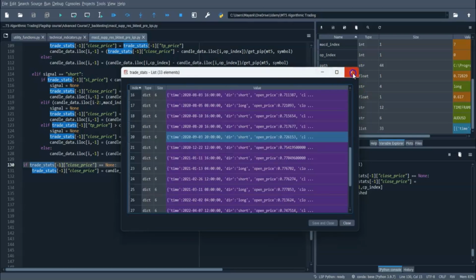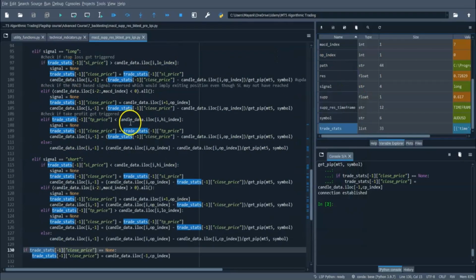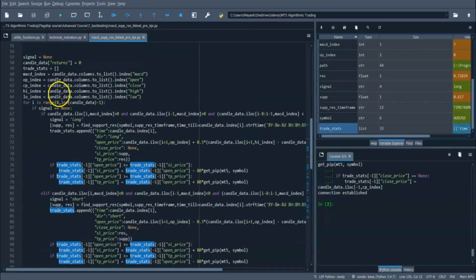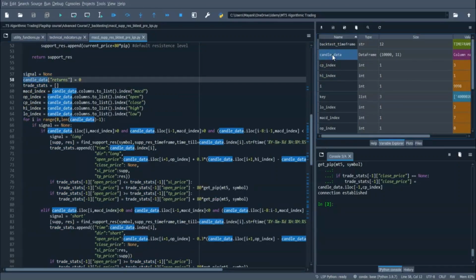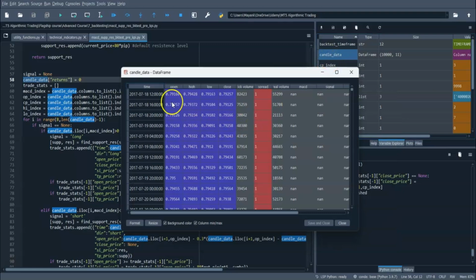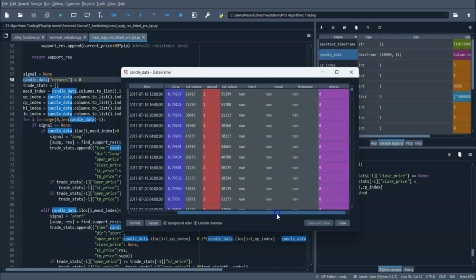In addition to this data structure, we also have the master data called candle data. And this candle data has every single candle that we have included in our backtesting. This data frame also has the technical indicators, the signals, etc. that we have generated. And if you had been paying attention, I had added another column called returns.